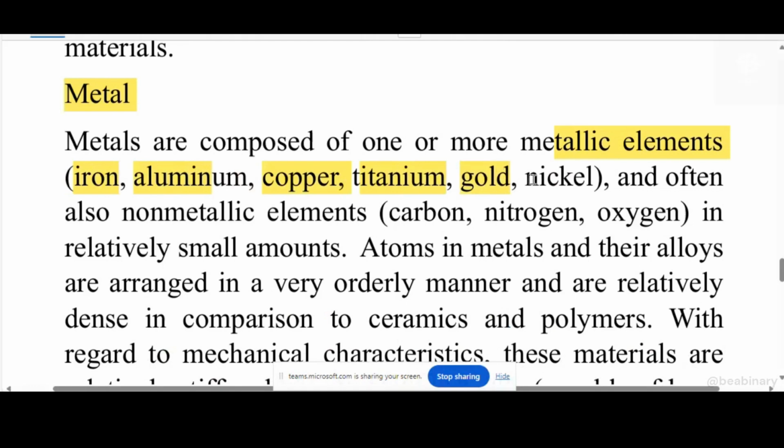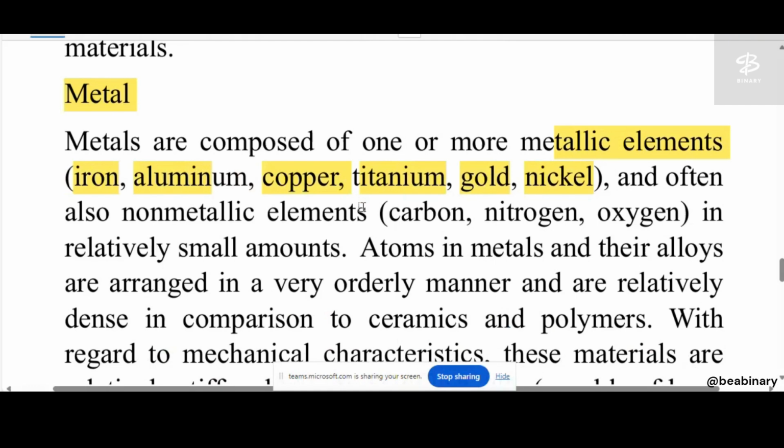These are a few. You will go and see various other metallic elements present in the periodic table. And often also non-metallic elements. I mean, metal doesn't mean only the metal is present in your metallic compound.